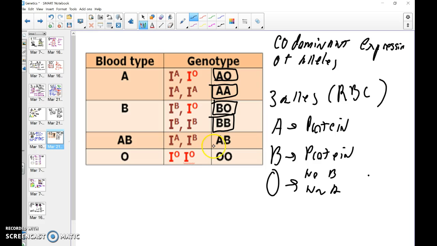But if you have one copy of the A allele and one copy of the B allele, since this is co-dominant, meaning all of the alleles are expressed fully, on your red blood cells you'll have A proteins and B proteins. And that happens because it's co-dominance. Even when you have AO as your genotype, O is fully expressed because O just means no B and no A, but the A is fully expressed because it's putting A. So the only way to end up with O blood is to end up with two copies of the O allele. And that's why there's such a variety within human blood types.